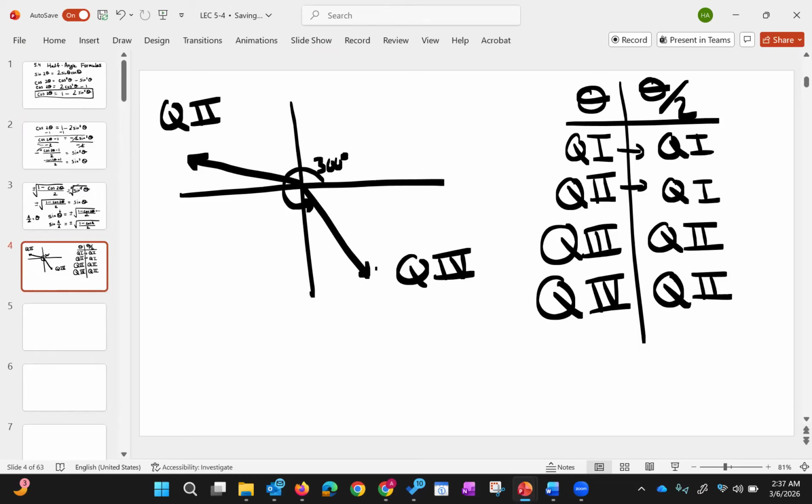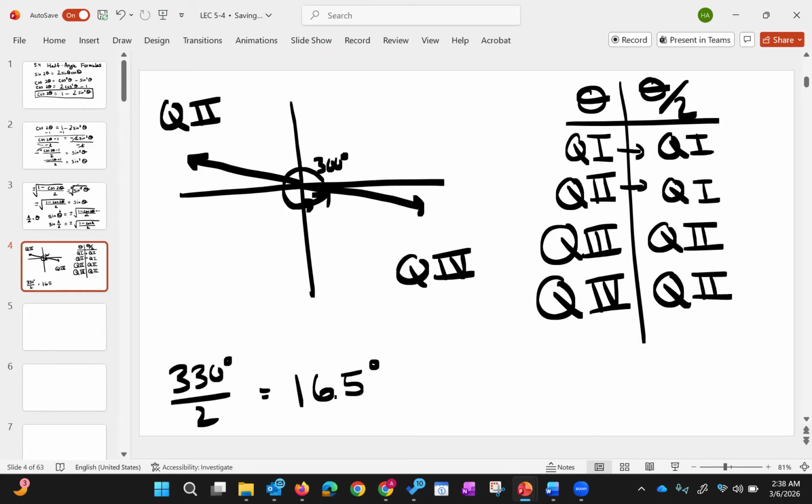Okay, let's go just a little bit further. Let's make a bigger angle here. Let's see, 330. How about that? 330. What's half of 330? I don't know. I got to do it myself here now. That's going to be 165, I believe.